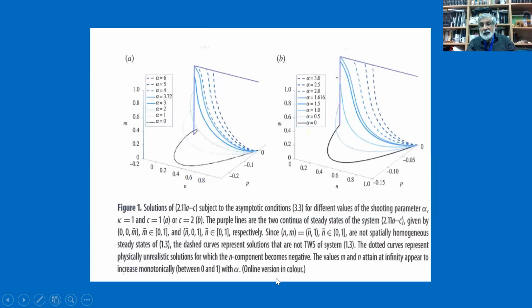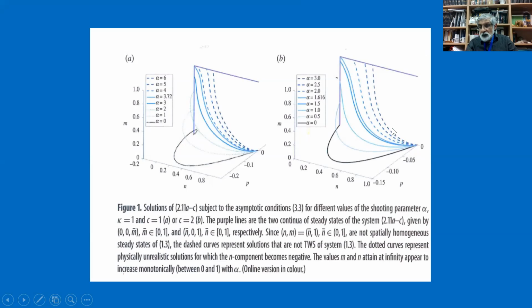And we do various shooting arguments. Here, the continua of steady states. Along here, we're trying to go from here up to here. And you can see here, the ODE sometimes gives solutions that are not viable because they've got negative values.